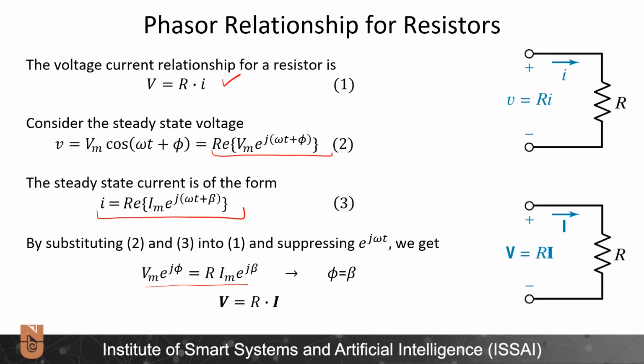So for these two quantities to be equal, the left side and right side, we need to have phi equal to beta. Therefore, I can write the phasor relationship in the form of V is equal to R times I. So in other words, the current and the voltage for a resistor element have the same phase.